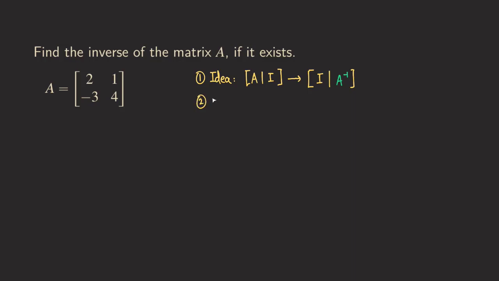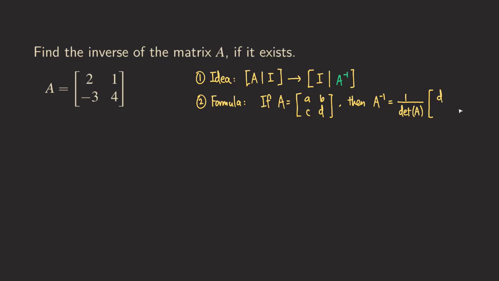The other way is that we are going to use a formula. There is a really simple formula for finding the inverse. Since we're talking about a 2x2 matrix, let's say A is equal to the matrix with entries A, B, C, D. Then the inverse, if the inverse exists, is equal to 1 over the determinant of A, multiplied by the matrix that still comes from those entries right here.